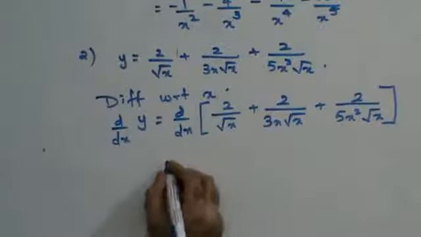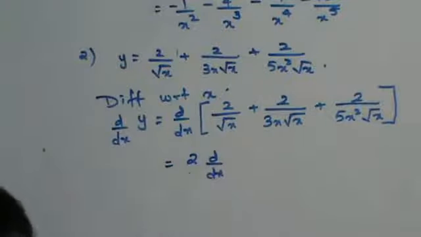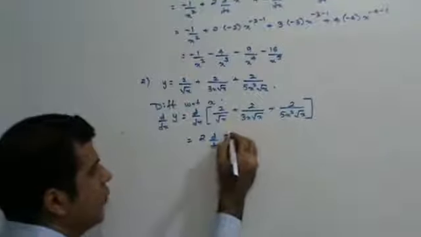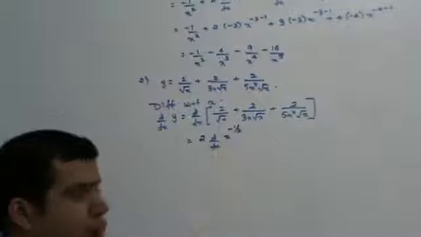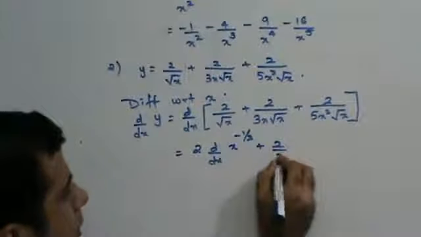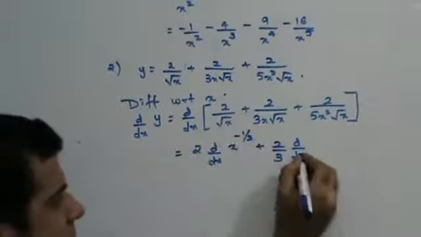Right? Open the bracket, constants come out, d by dx root x can be written as x raised to 1 by 2. Since I am bringing it in the numerator, this will become x raised to minus 1 by 2. Similarly, 2 by 3 is a constant, so it comes outside the derivative.